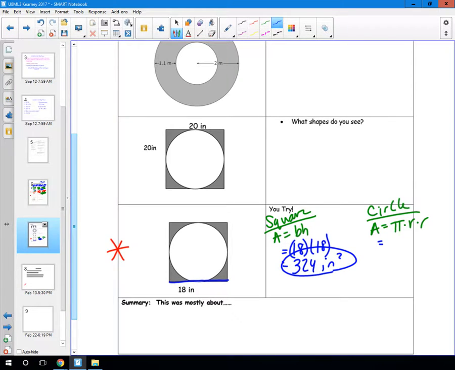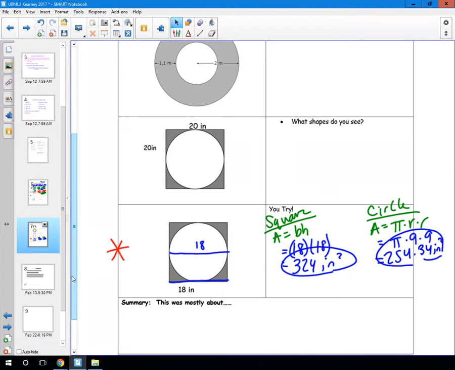That means, since this is a square, across, that would mean that that is also 18. So my diameter is 18. So what would my radius be? Good, 9. So I'm going to do pi times 9 times 9. So 3.14 times 9 times 9, and I get 254.34 inches squared.